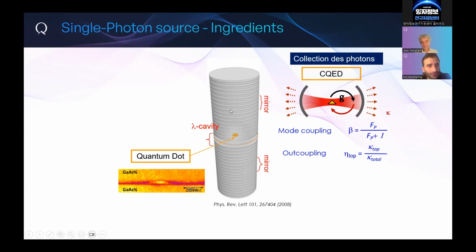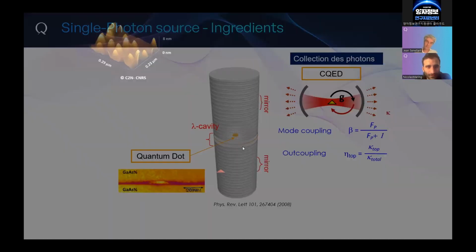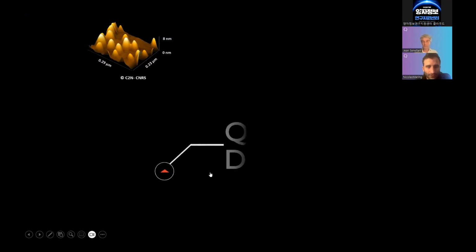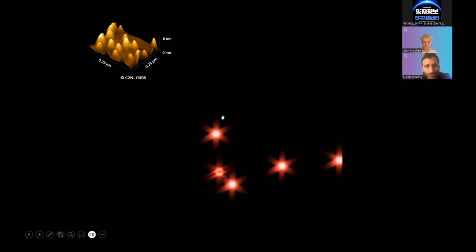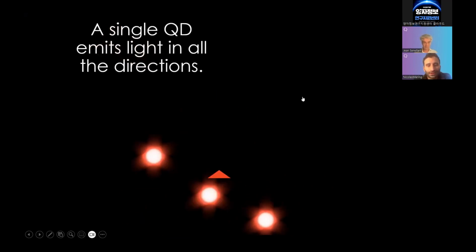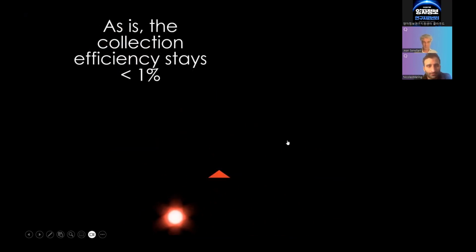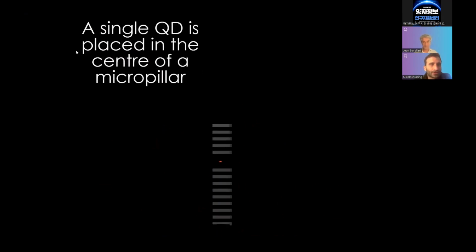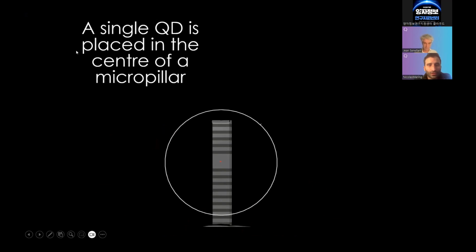So in practice, what we do is shine a laser on the top. We couple a laser into this cavity, and the photon will be emitted backwards. We even have a small animation to show a quantum dot emitting everywhere, in all directions, and we improve the emission probability into one mode.